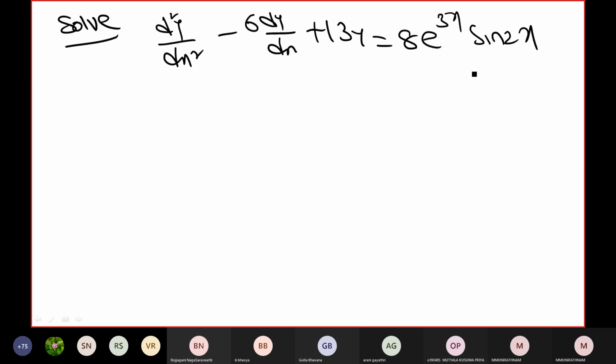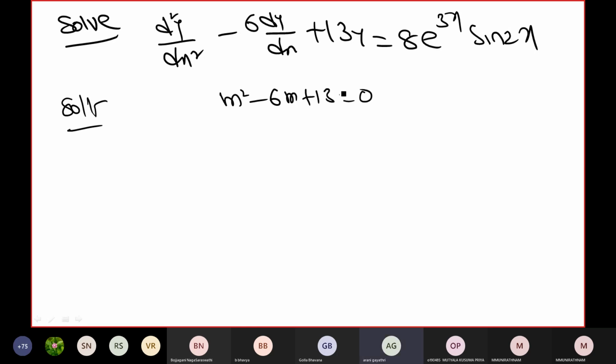So what is CF now? Anyone? M square minus 6M plus 13, right?